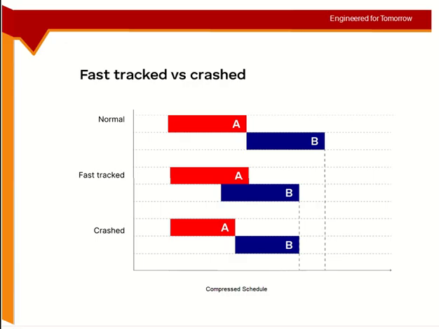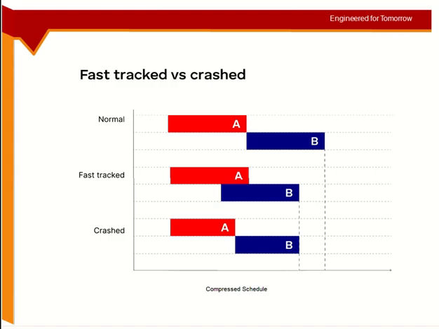So if you do only one approach, either you will try to achieve all your compression by increase in direct cost, or you will try to achieve all your compression by overlapping. So only overlapping will have high risk for more days.